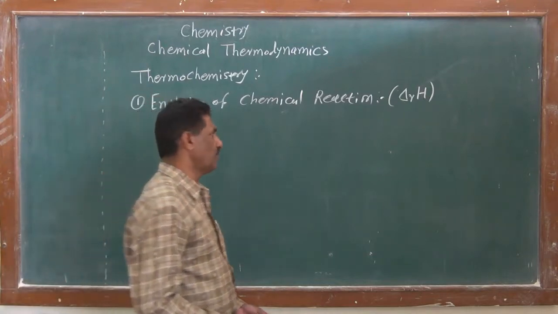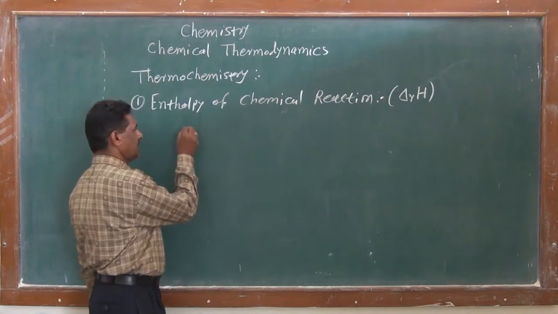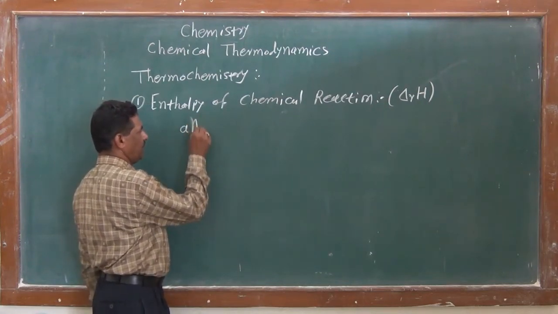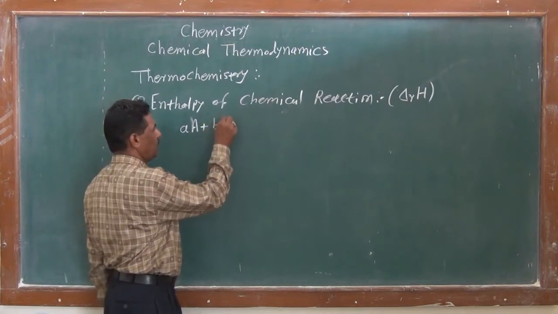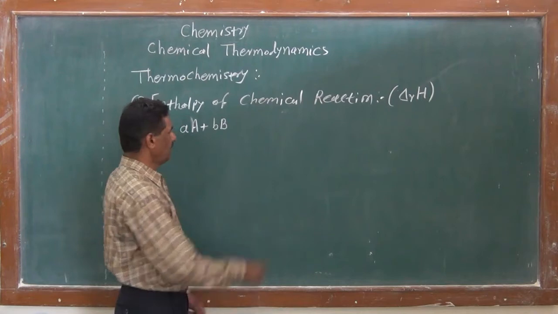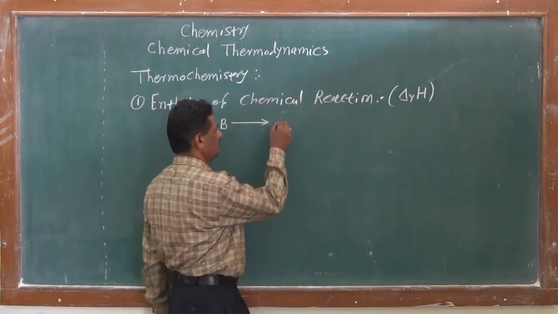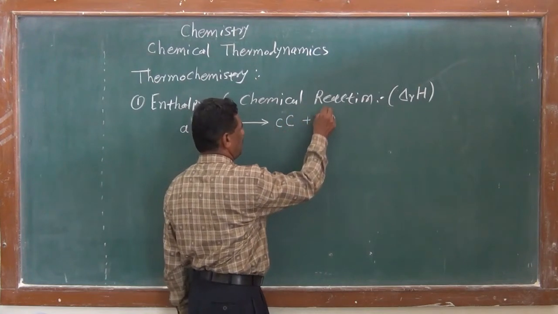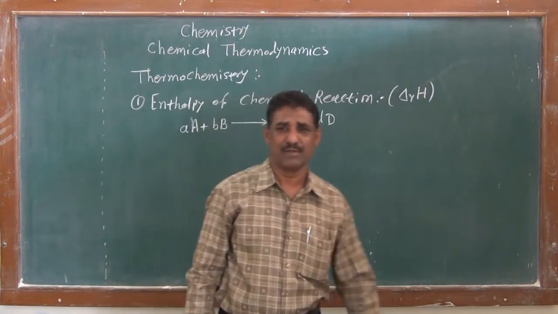Here consider a general reaction: a A plus b B gives c C plus d D. This is the general chemical reaction.